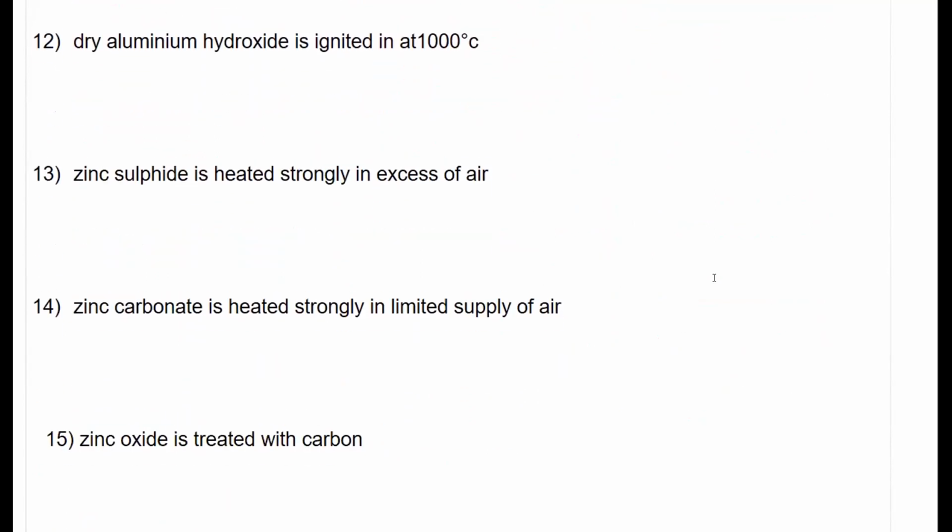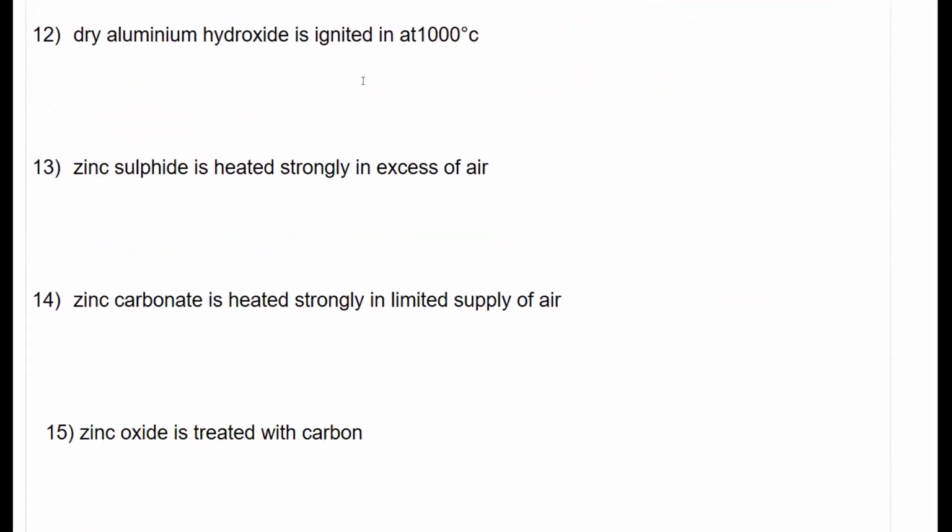Next question is, dry aluminum hydroxide is ignited at 1000 degrees Celsius. The aluminum hydroxide formula is Al(OH)3.